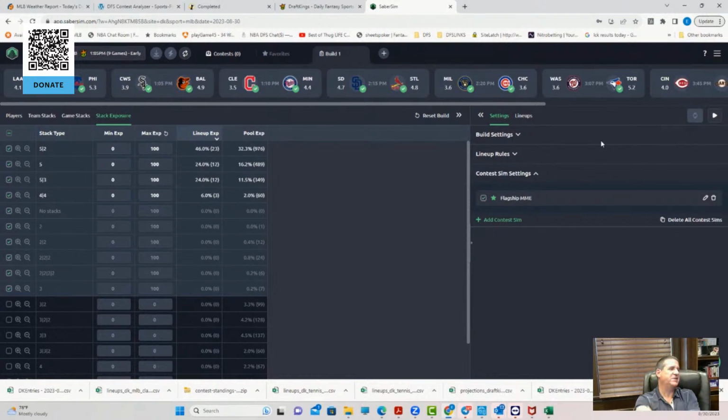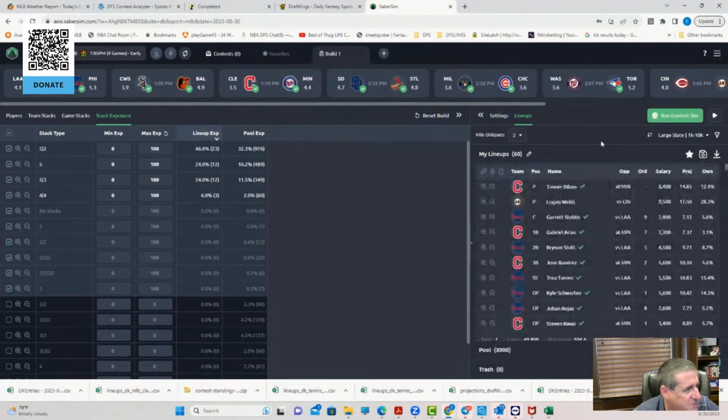Okay. And then we're going to see, once again, the different types of lineups that we get. And this is just a little more exact. If you want to play this exact tournament, like the lottery, this is a little more exact than the Saber score rankings that I did before. I'm not saying better or worse. I do think that this adds another layer of intelligence to the builds.